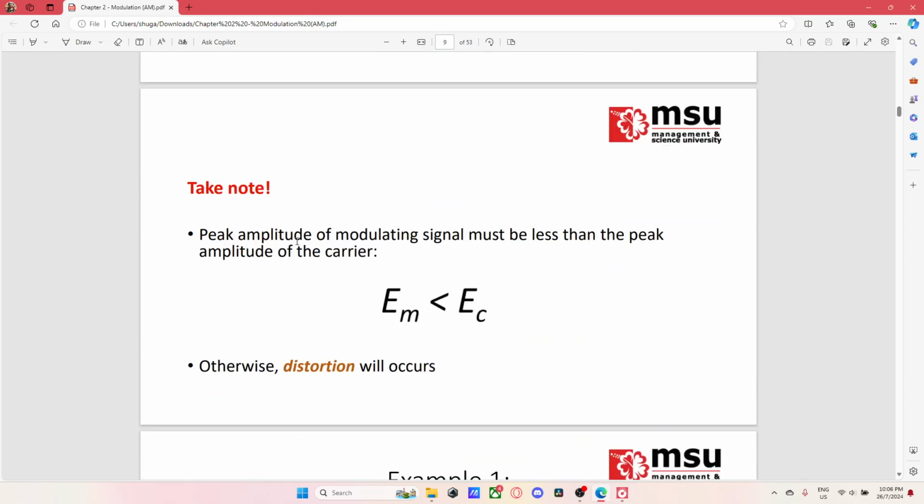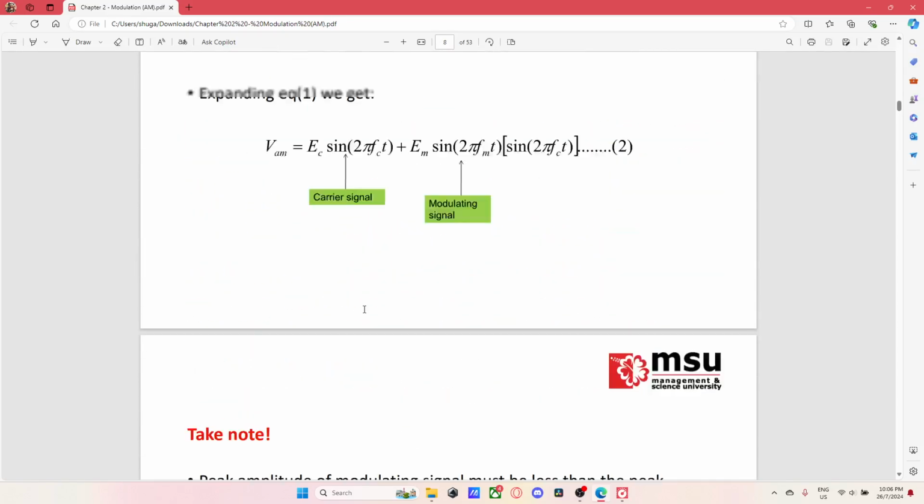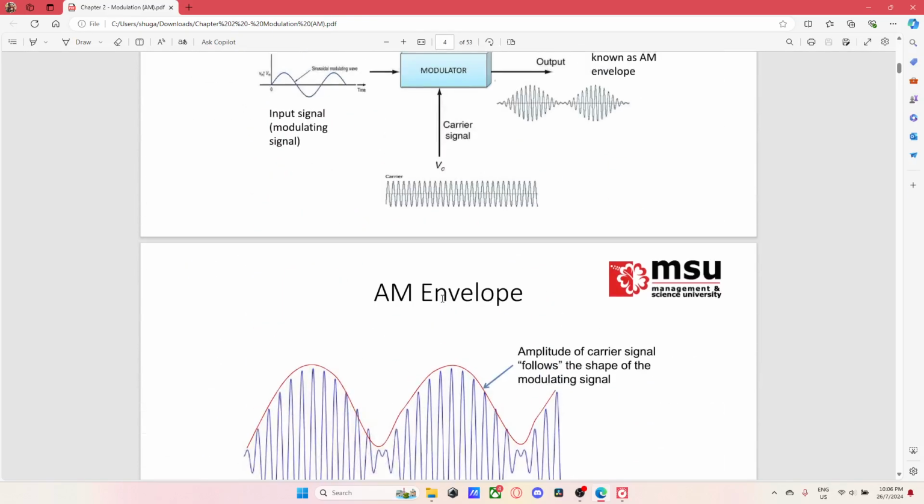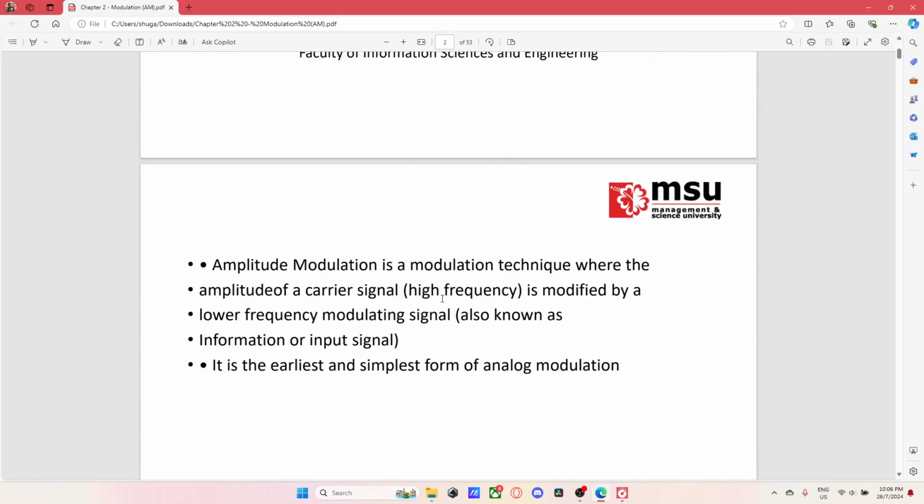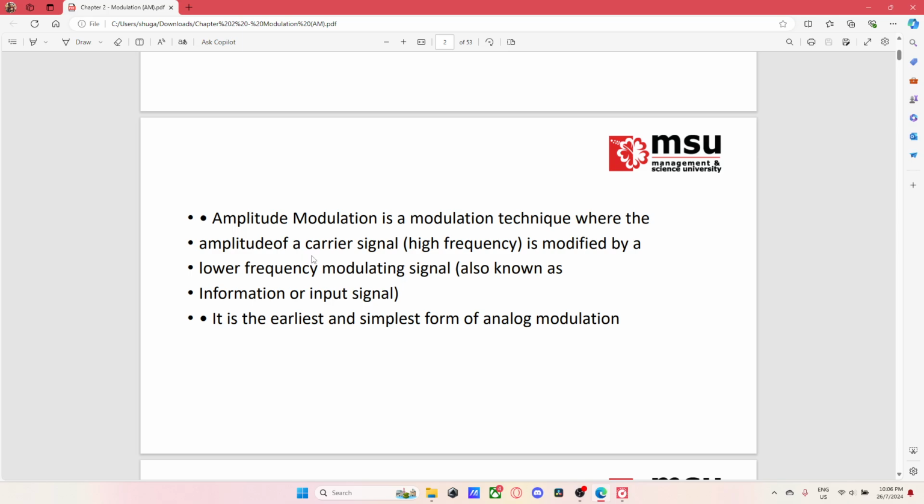Please take note, as you can see from the theory itself, that the carrier signal contains high frequency and the modulating signal is a lower frequency.